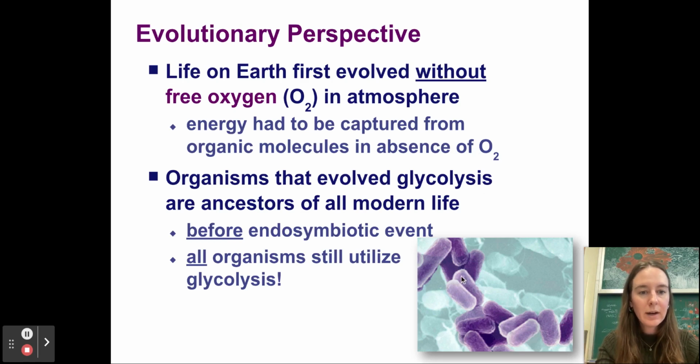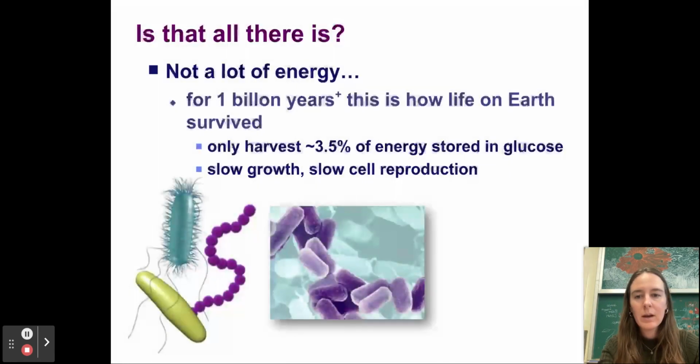So bacteria also eats glucose, it eats sugar, but doesn't have mitochondria, first of all. And there was a time where there was no oxygen to be able to do next steps aerobically. So organisms evolved glycolysis, and these are the ancestors to all life. This happened before endosymbiosis, and all organisms still use glycolysis to get some ATP from food.